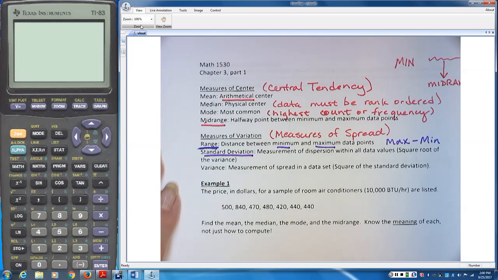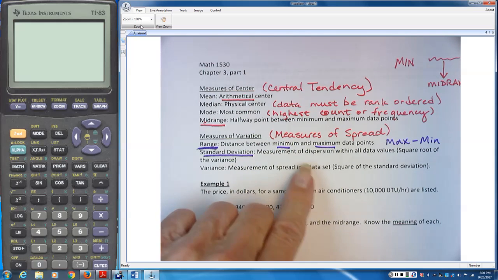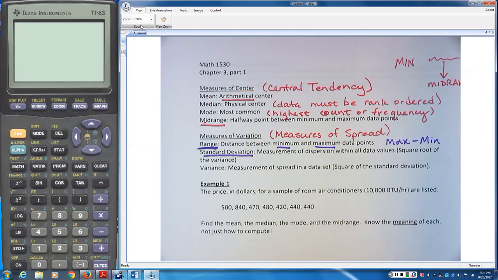It's actually the most useful of the numbers, but if you had to calculate it with a formula, the formulas tend to be ugly and they don't necessarily show you a lot about why the number measures what it does. But it measures the dispersion within all of the data values. It compares them all to each other and to the mean.